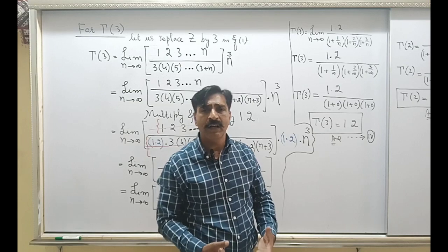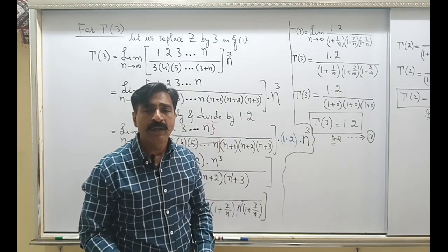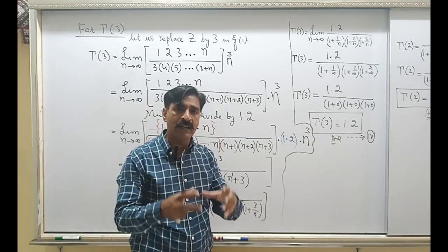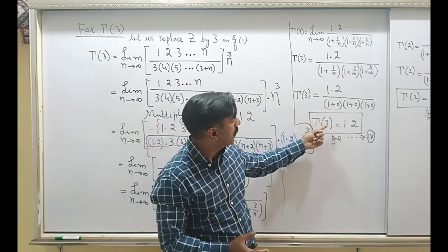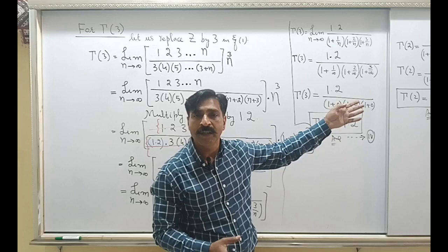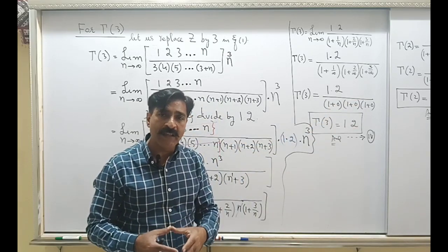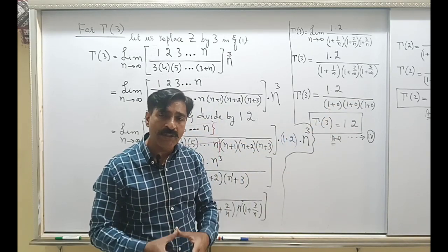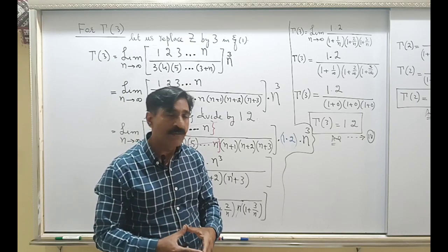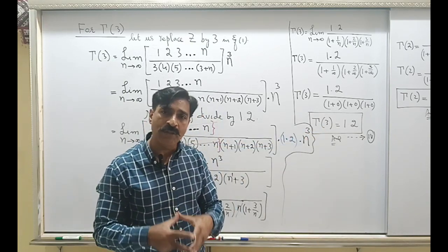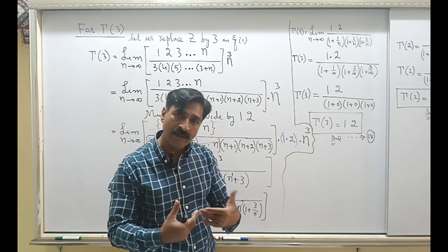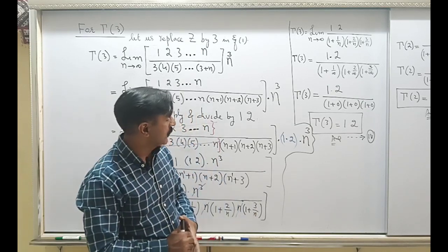So whenever you are asked to generalize from the trivial results or from the specific results as you have found, gamma 3, gamma 2, gamma 1, for the purpose of generalization, whatever original you get from your calculation, keep that result in its original form so that you can go to generalization.